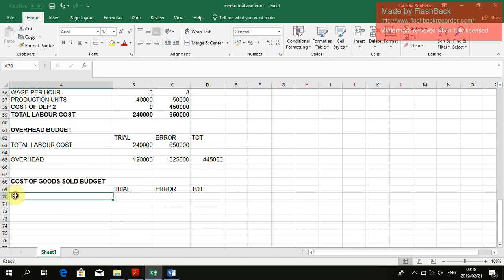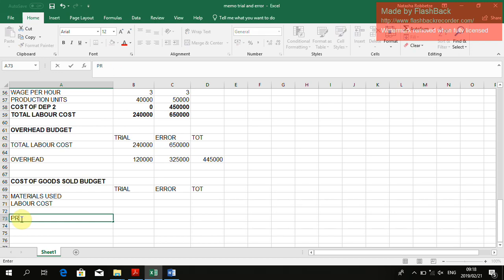Okay, so the first interval will be materials used. Then the second interval will be your labor costs. That adds up to prime cost. Thereafter, we need the overheads.